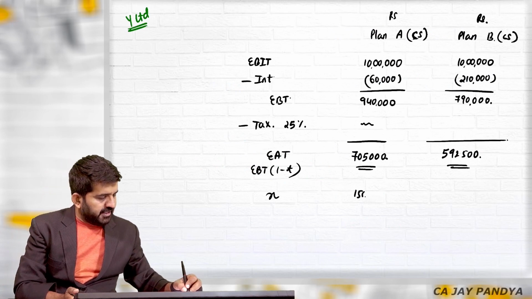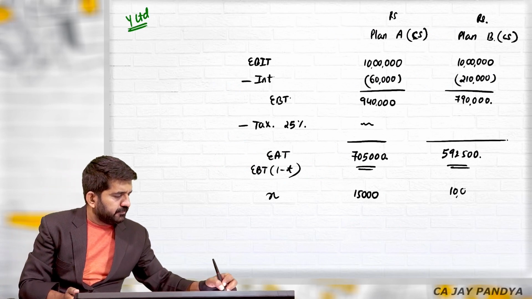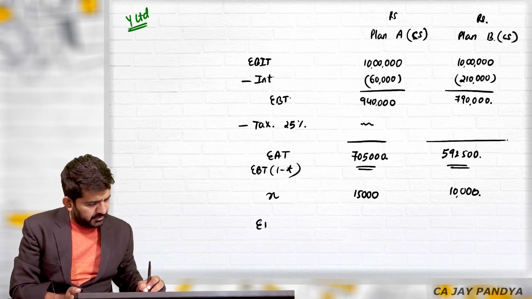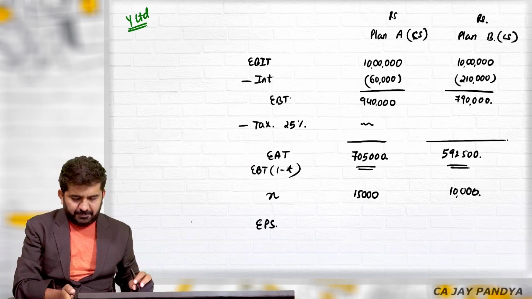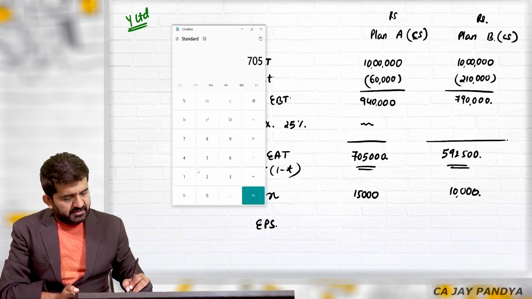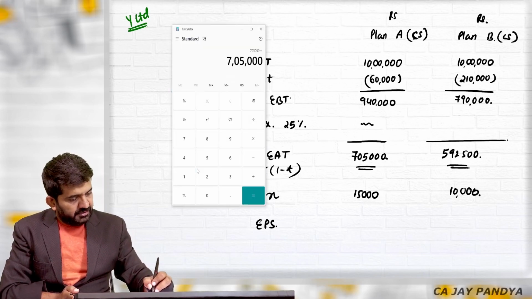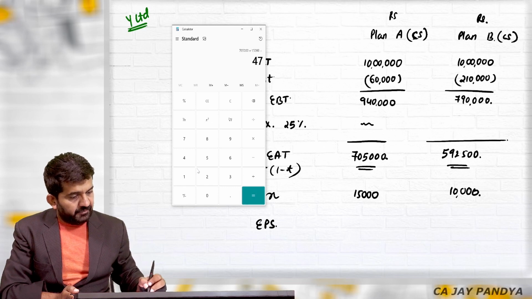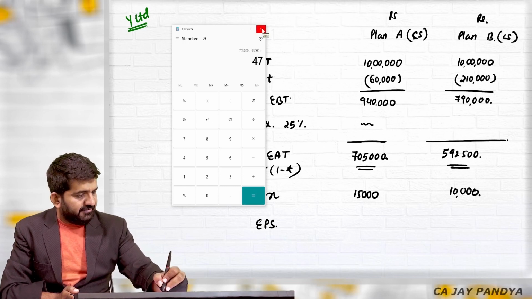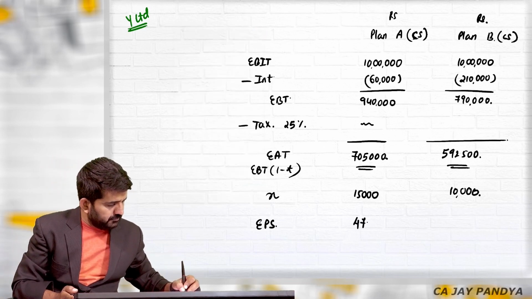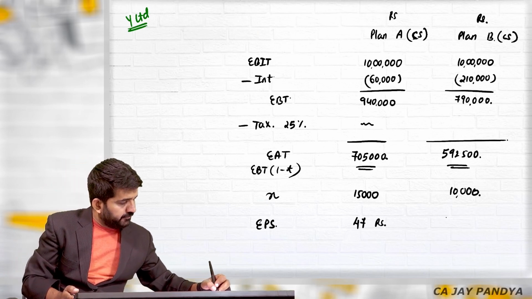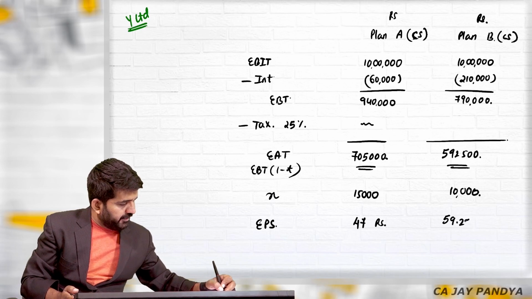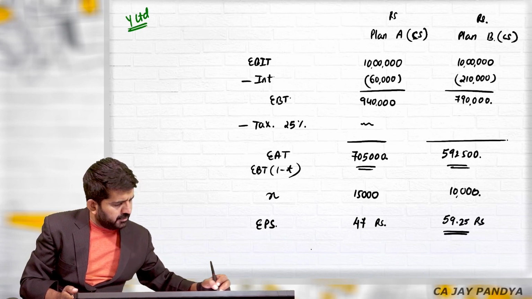So the number of shares are 15,000 and 10,000. I will be getting the answer of EPS, and our objective is to maximize EPS. 7 lakh 5,000 divided by 15,000, so it is 47 per share, and this will be 59.25 rupees per share.